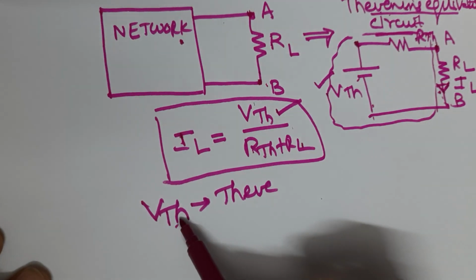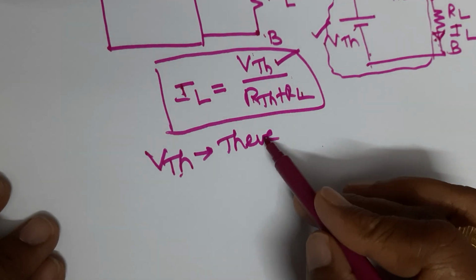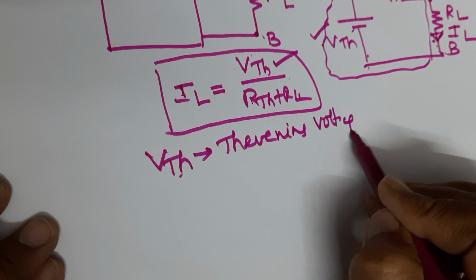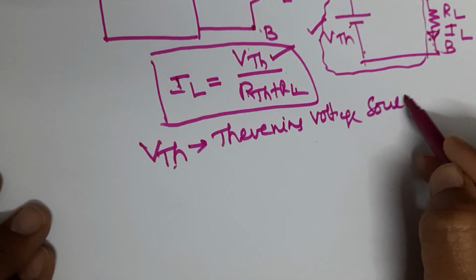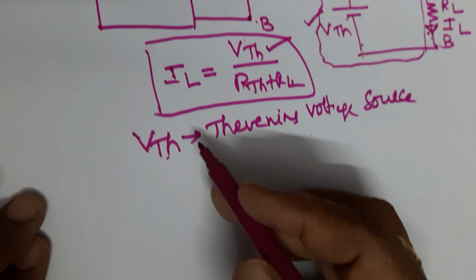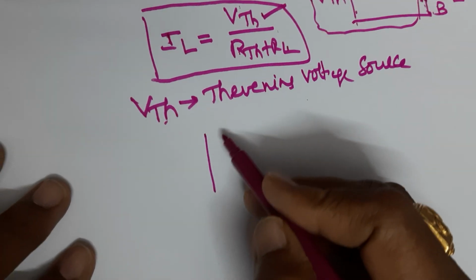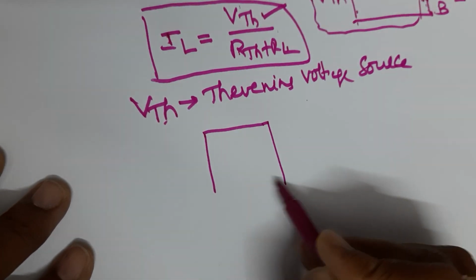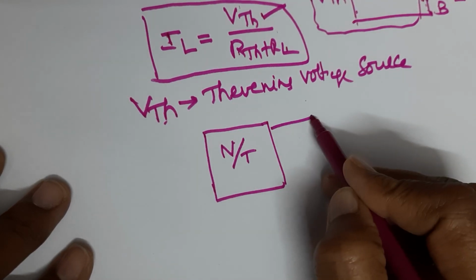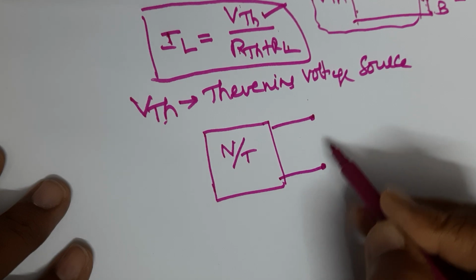But what is this value? VTH is nothing but the Thevenin's voltage source. The Thevenin's voltage source can be obtained from the given network by removing the load resistance, whatever load resistance is connected across the terminals AB.